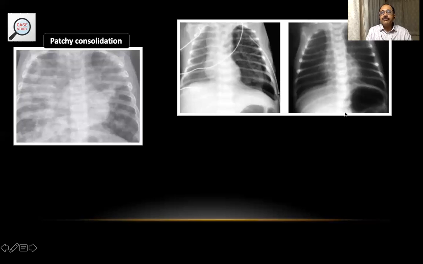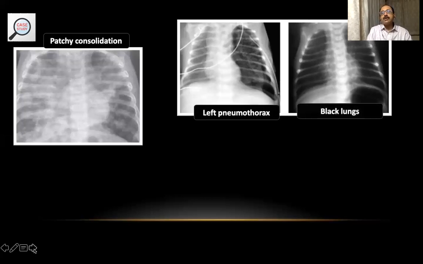The baby continues to have respiratory distress, and more importantly has persistent labile or refractory hypoxia. So what you are classically seeing here is black lungs, which is the hallmark of PPHN. So anticipate these two complications in all and every newborn with meconium aspiration syndrome.